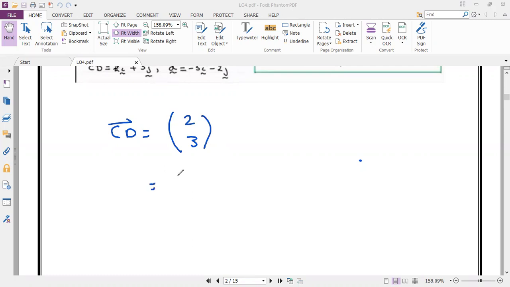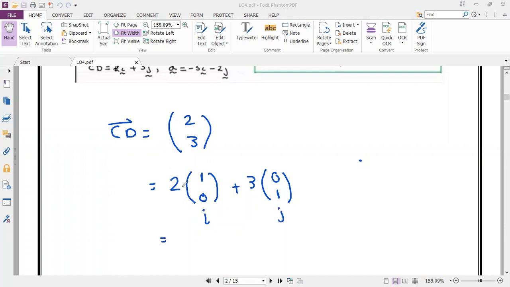We can write this vector as 2 multiplied by the unit vector I, the direction of x, which is (1, 0), plus 3 multiplied by (0, 1). This is the unit vector I, and here the unit vector J.